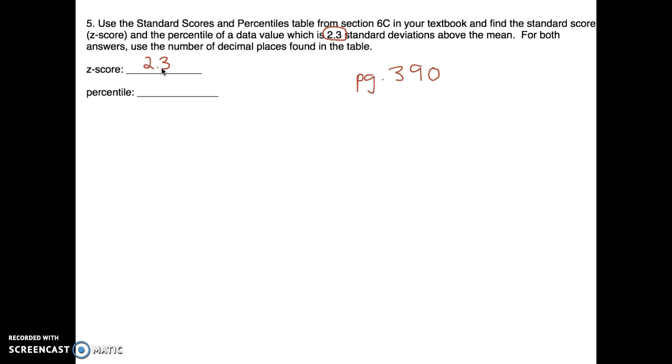But all of these, they compare the z-score next to the percentile. So you'll find a negative 2.3, but you want to go where you find the positive 2.3, and you'll end up with 98.93 next to it. So that's the percentile that goes with that z-score.